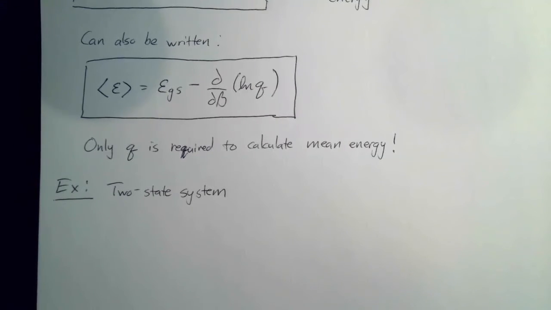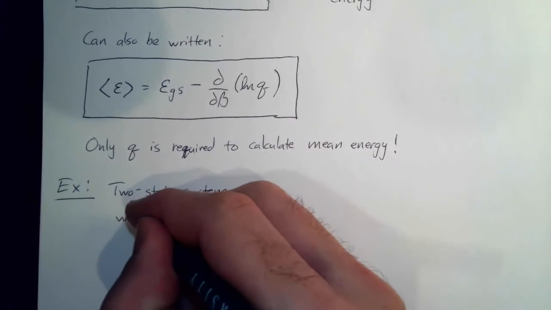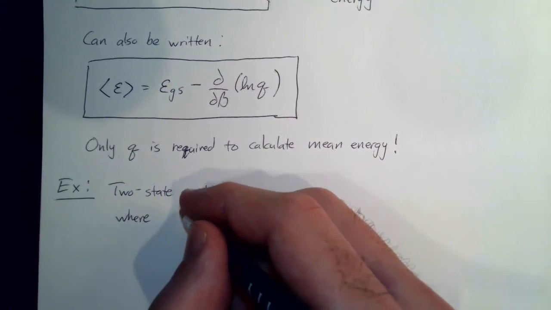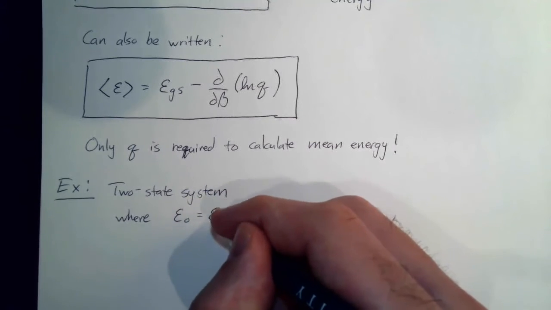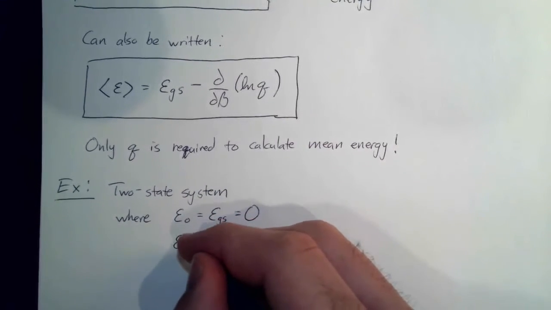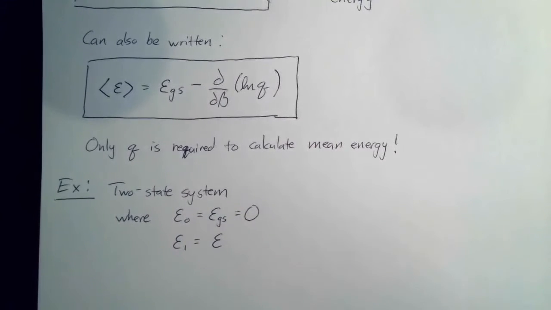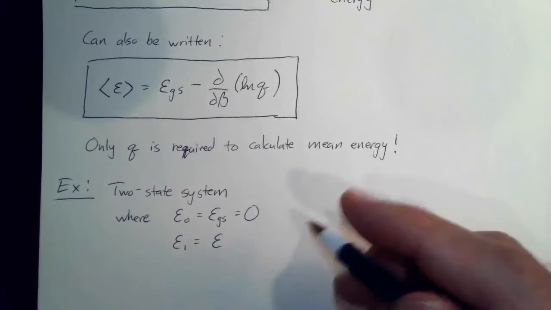So I'm going to do an example using the two-state system again. And remember that two-state system was that the ground state, epsilon GS, is 0, and epsilon 1 was some energy epsilon. And we already calculated Q, the partition function for this system.